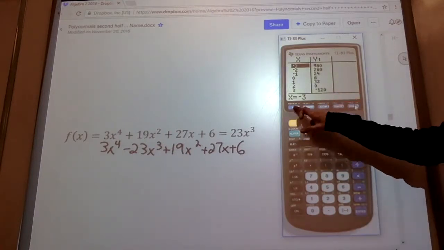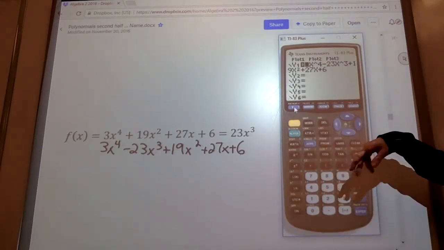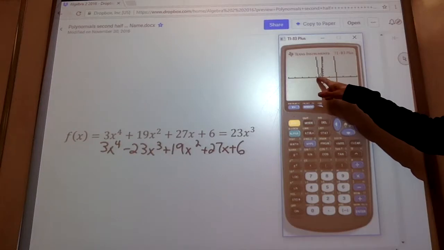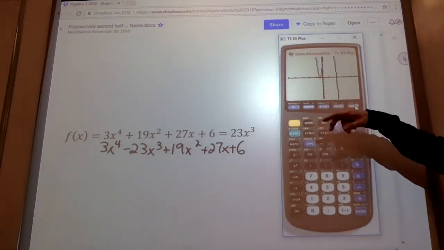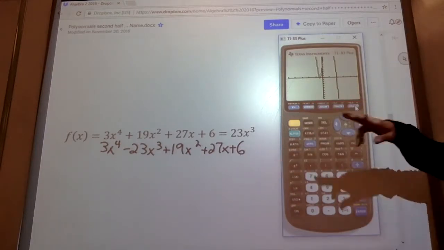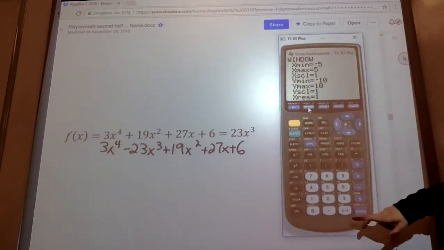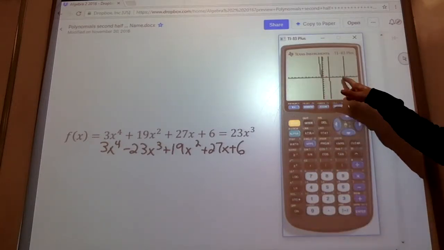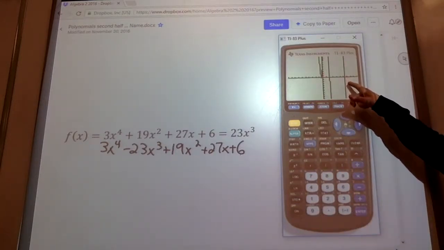So I know 2 is going to work for sure, but then I really don't know after that what these are going to be, okay? Why do I only see 3 roots when I should have 4? My window probably needs to get a little bit bigger. And there I see the 4th one, right?